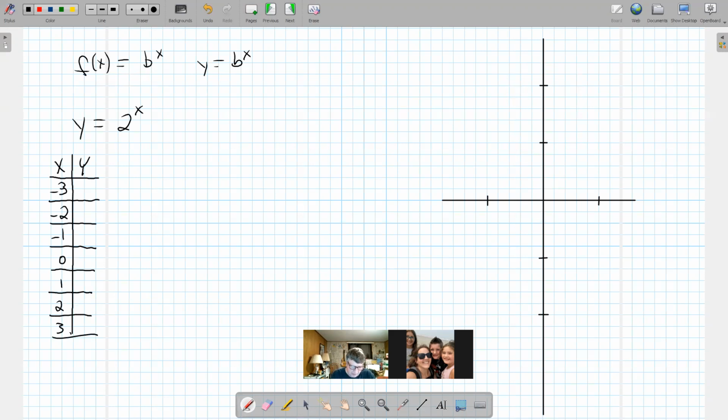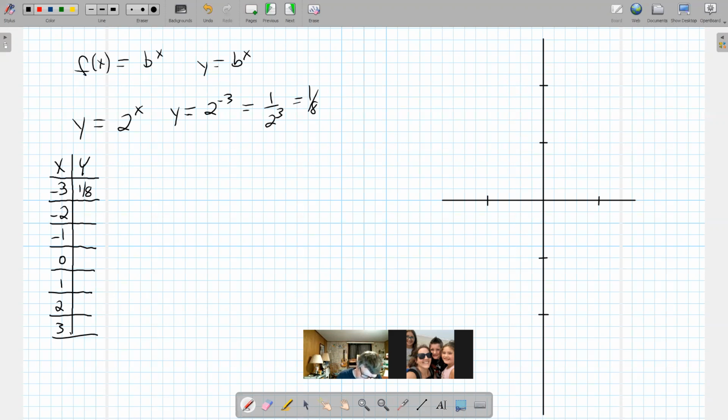So let's see what happens there. When x is -3, we have y equals 2 to the -3 power. Recall that we can rewrite that with a positive exponent by writing 1 over 2 to the +3 power, which becomes 1 over 8, or 1/8. Any questions about how I got that?